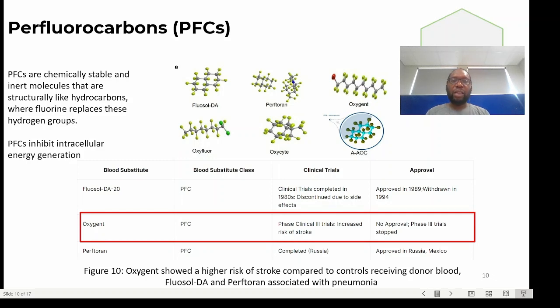These are some of the products that have been researched and clinically trialed, and most of them failed. Some of these products lead to cardiovascular problems, and some can even cause pneumonia. Only one, perfluoroalkyl, is approved in Russia and Mexico.